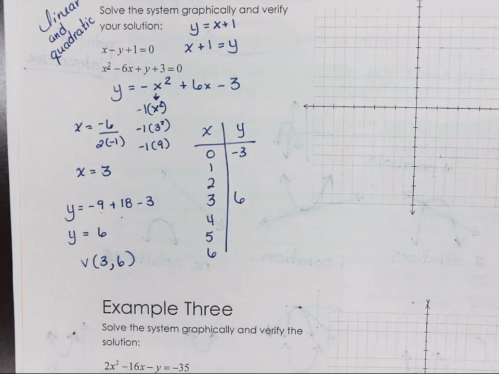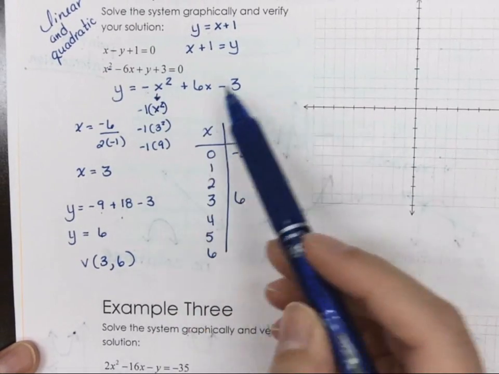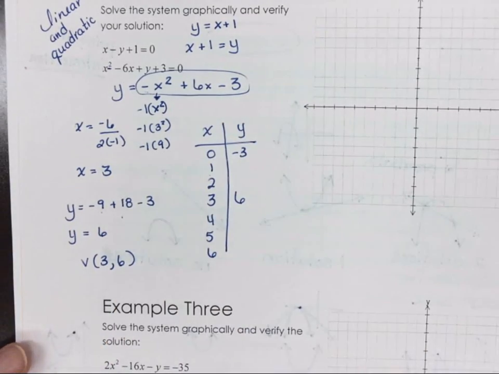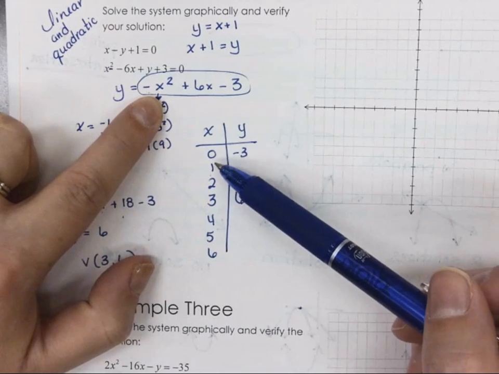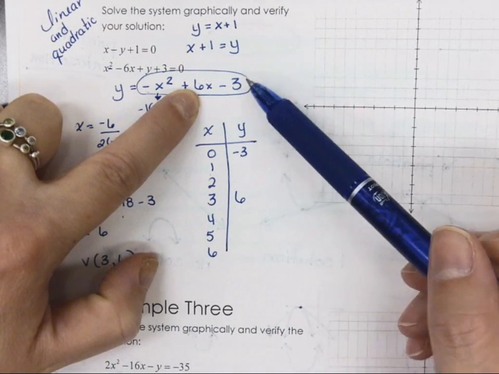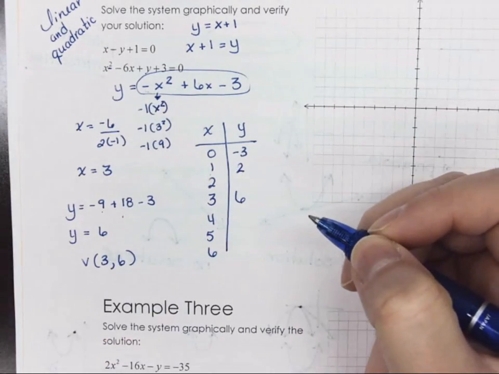All right, so now we got to start doing some math. So we're going to substitute 1 into the quadratic equation. So this is going to be negative 1 plus 6 is 5. 5 minus 3 is 2. Good job, everybody.